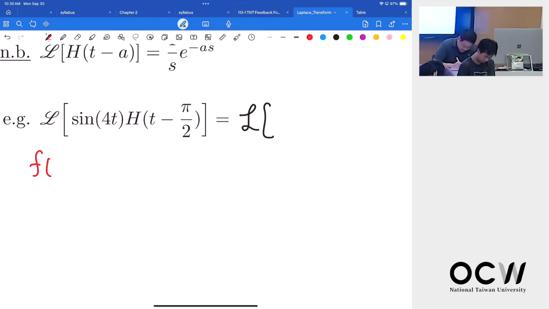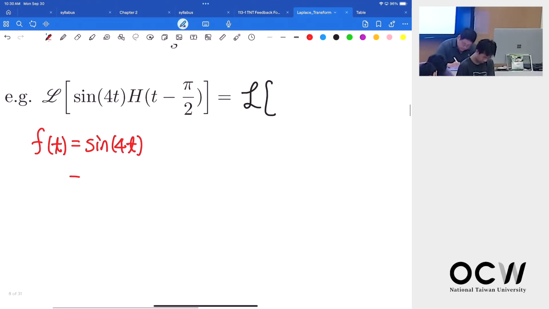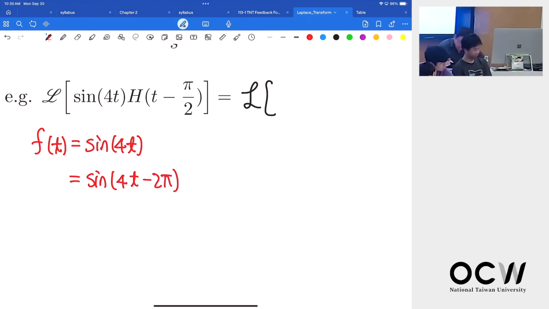Let's analyze this function first, sine 4t. Since it is a sine function, we know that if we add or subtract 2 pi, the value is the same, right? So this is also equal to sine of 4t minus 2 pi. And then I can put 4 outside, so there will be t minus pi over 2.